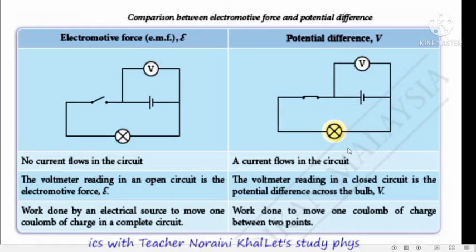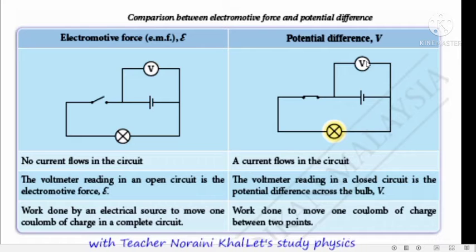Thus, the reading of the voltmeter across the bulb is equal to the reading of the voltmeter across the battery when the switch is closed. So the voltmeter reading in a closed circuit is the potential difference across the bulb. If you put one more voltmeter here to measure voltage across the bulb, you will find the reading is equal to the reading of the voltmeter here.